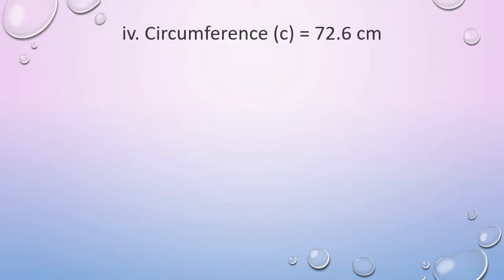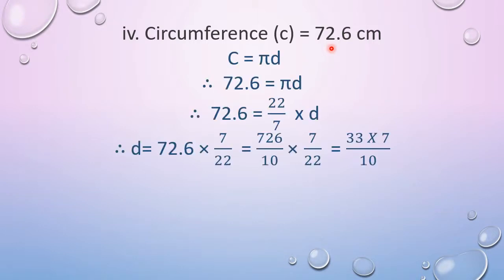Question number 4. Circumference is equal to 72.6 centimeter. So circumference is equal to pi into d. Circumference is already given, that is 72.6 is equal to pi into d. Pi is constant, that value we already know.